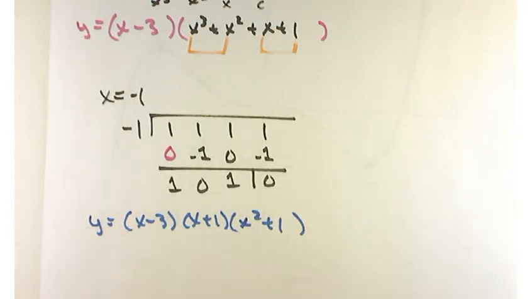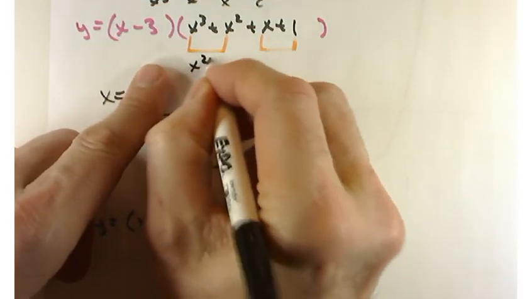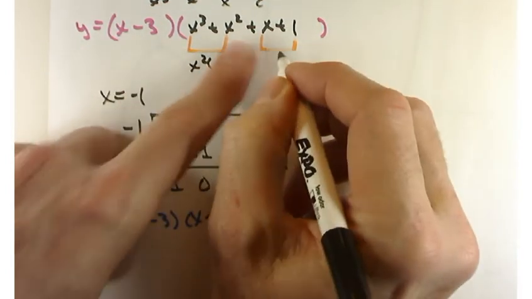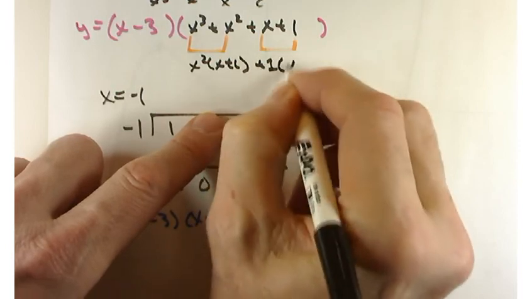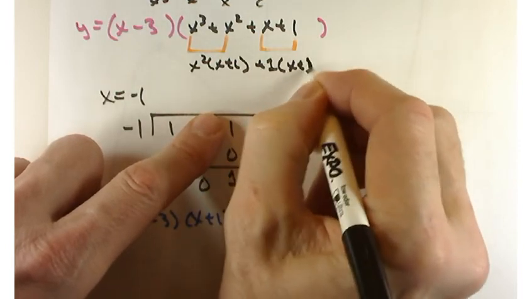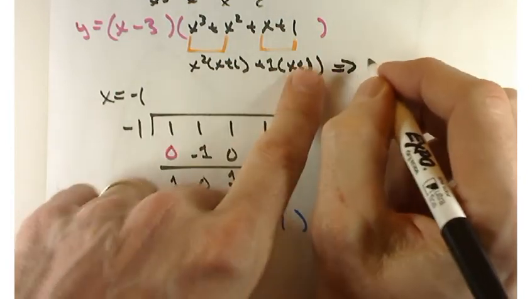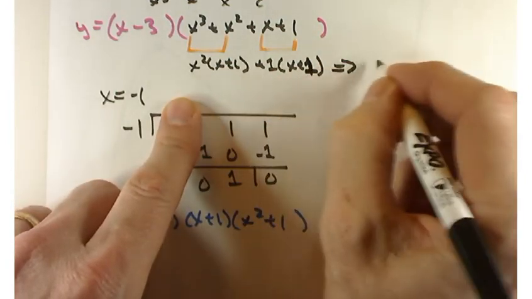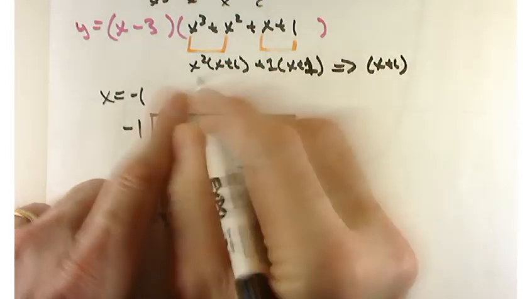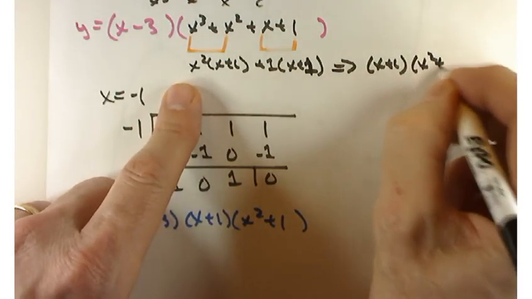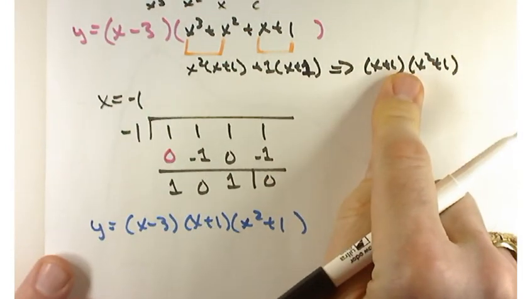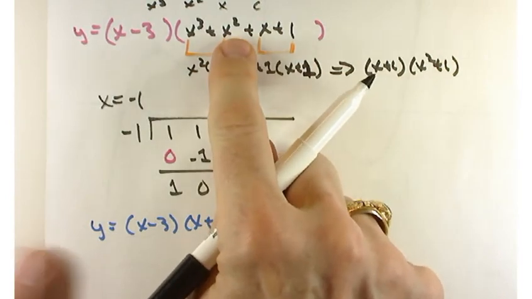Remember that? If you have 4 terms, x squared comes out of the first two, leaving x plus 1, and a plus 1 from the others. These 2 terms match, so you can factor out the x plus 1, leaving behind x squared plus 1.